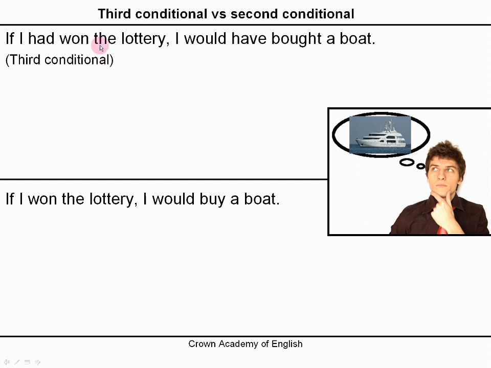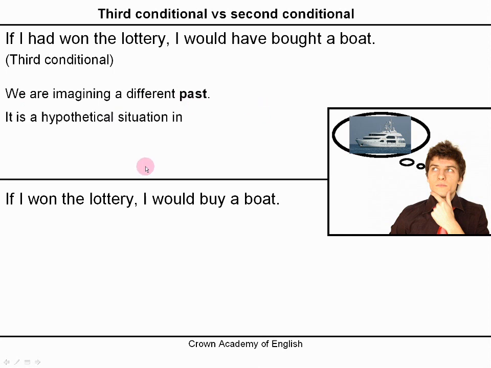Well, this one is the third conditional, and I have explained this in today's lesson. So, as a reminder, here we are imagining a different past. It is a hypothetical situation in the past. Very important.